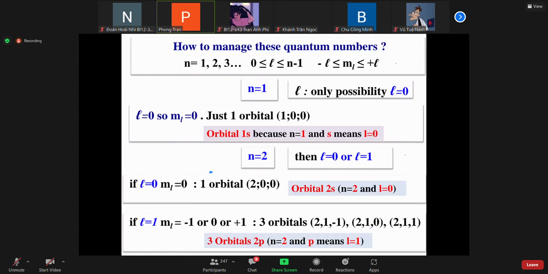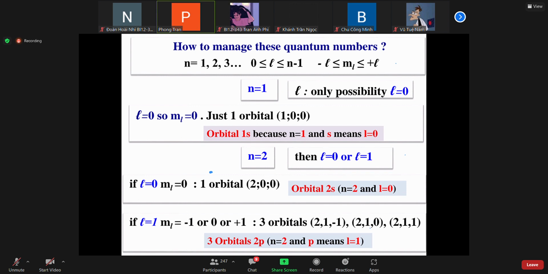Okay, so how can we manage the quantum numbers? The principal quantum number n is an integer different from 0. L can be an integer from 0 to n minus 1. ML can be from minus L, including 0, up to plus L. So let's say you have principal quantum number n equal to 1, L will have only the value 0.